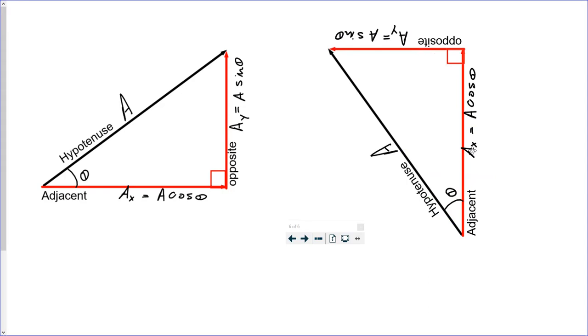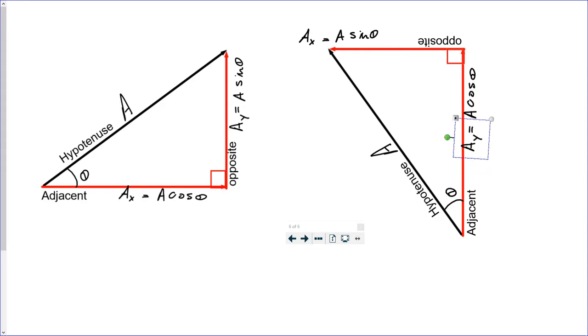We will say that this is the ax, and that's actually the opposite, so that's the sine theta. Got it? So ax is a sine theta. Got it? And ay is a cos theta, isn't it?